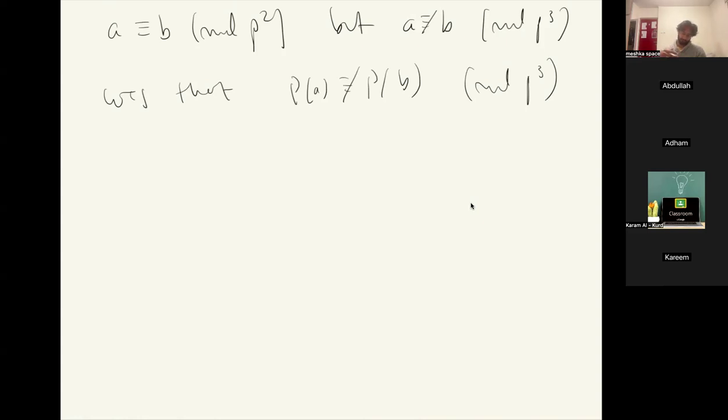So the thing to do, following what we did before: we know A and B are equal mod P squared, but not mod P cubed.